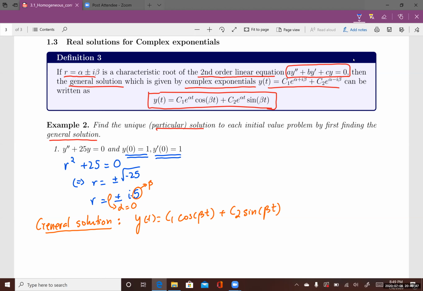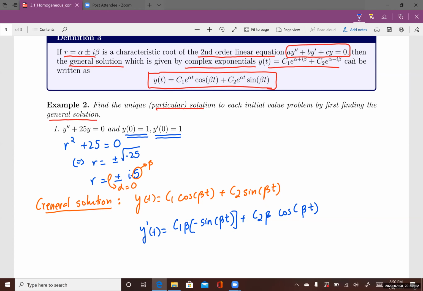From here, you have y prime equals c1 beta times negative sine of beta t, plus c2 beta cosine of beta t.